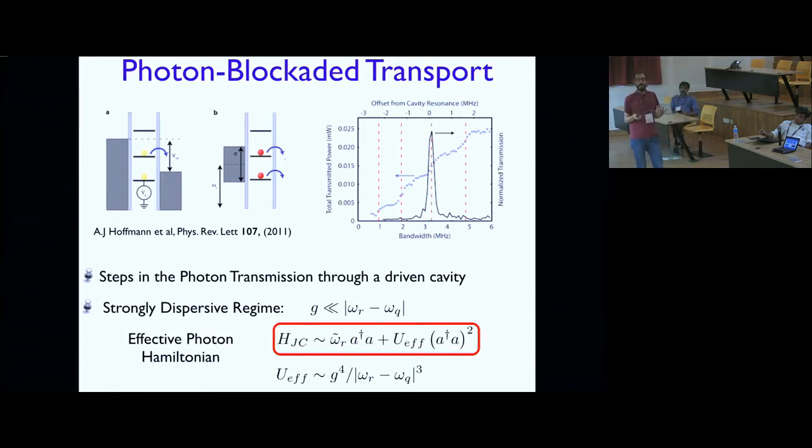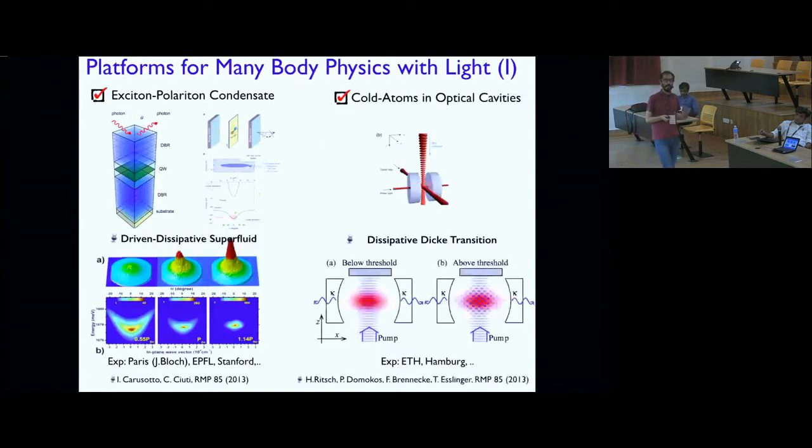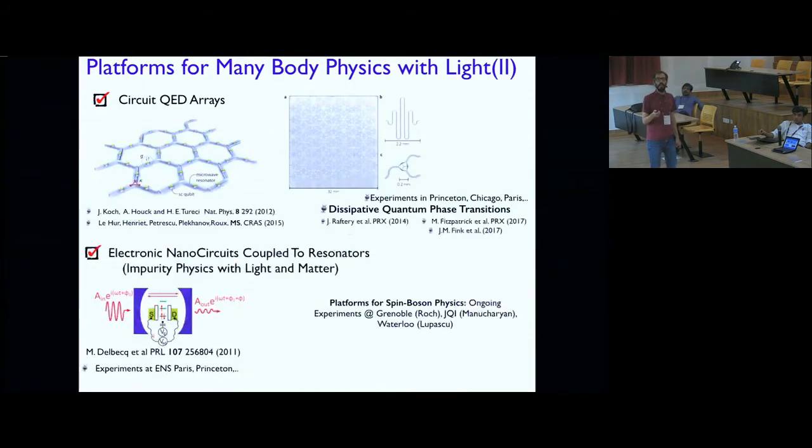Okay, so this basic unit that I just discussed is, in one way or another, the key building block for a series of platforms to study many-body physics with light. We have learned about exciton polariton condensates and cold atoms in optical cavities from Jonathan. What I will have mostly in mind are two settings based on Circuit-QED.